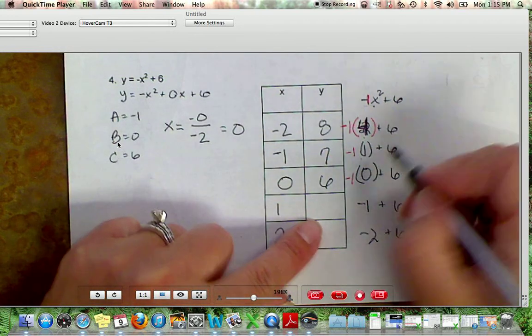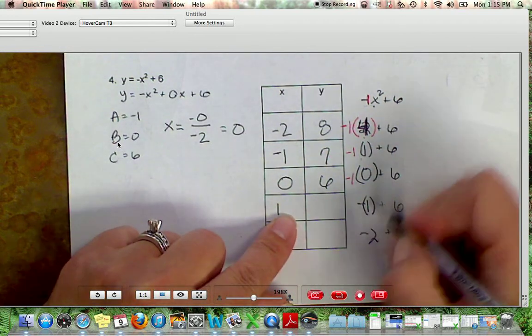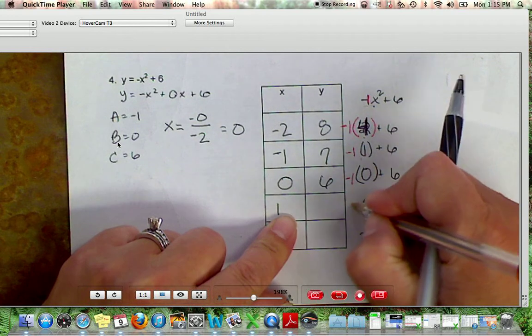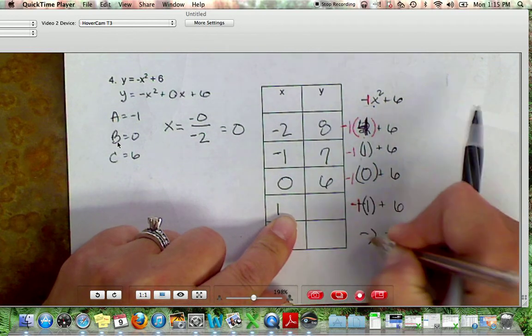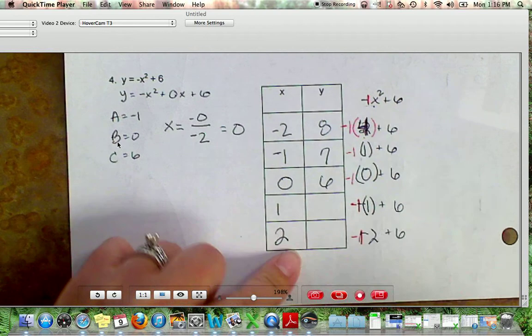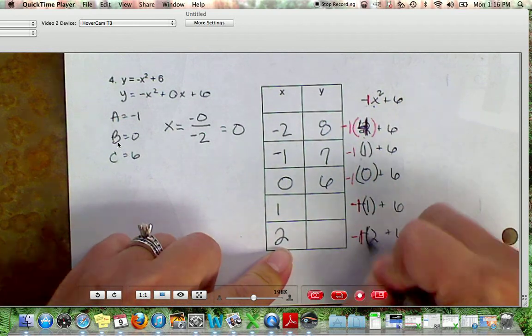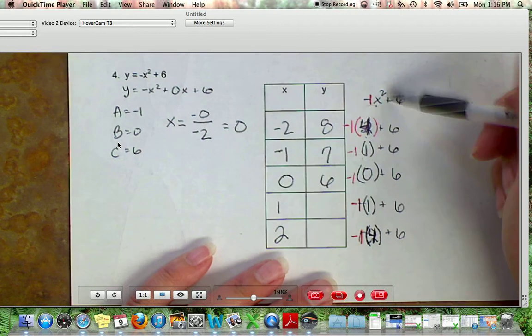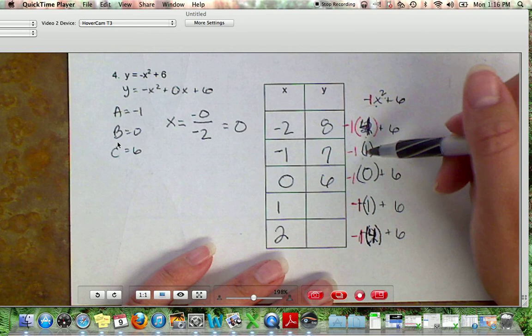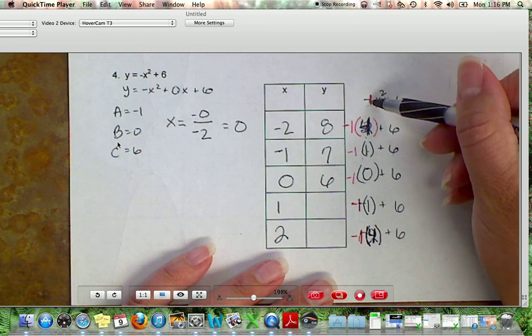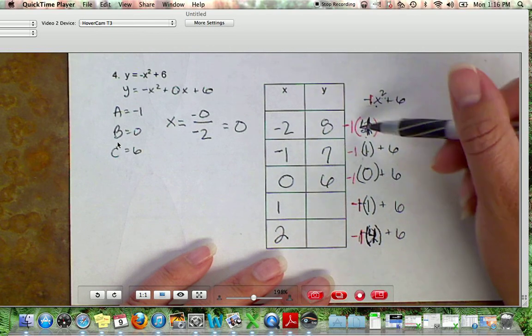And then here, 1 squared is 1, and we put a negative 1 in front of it. And 2 squared is 4. I'm sorry about that. All right, so I just forgot to square it when I copied it over here. So we have to square each number, then multiply it by a negative 1 because of that negative sign. Be very careful there. All right, let's try this again.